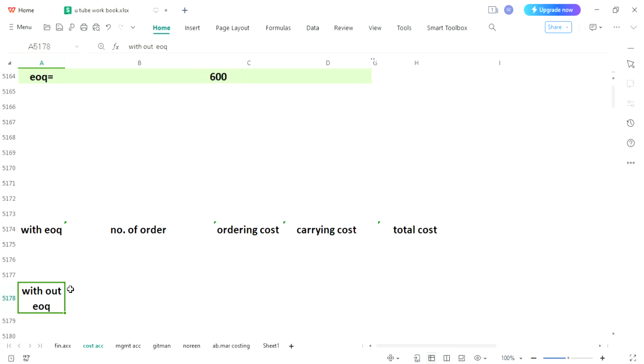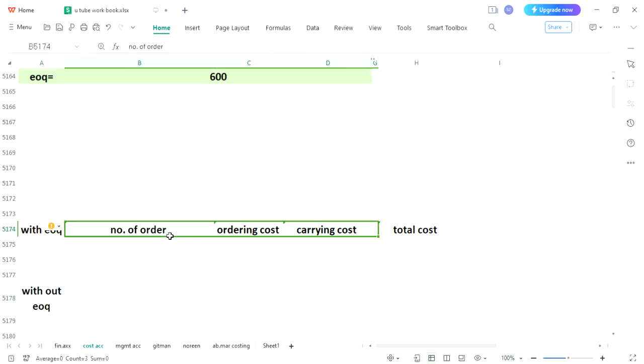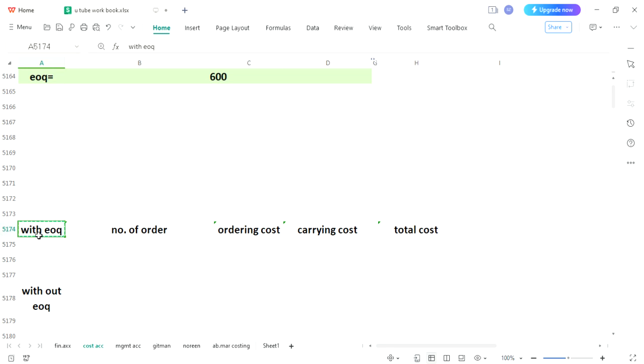And without economic order quantity, what this organization was doing, you will calculate ordering and carrying cost in that way, and you will finally be making a comparison of total cost calculated depending upon number of units according to economic order quantity and without economic order quantity. Our claim is with economic order quantity, your total cost would be far less than that of number of units without economic order quantity. So let's start over here.